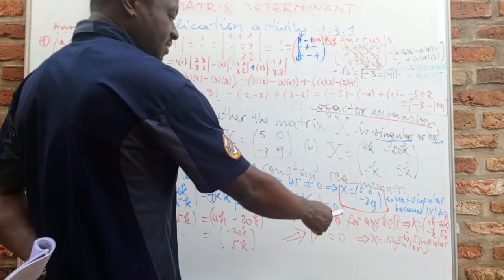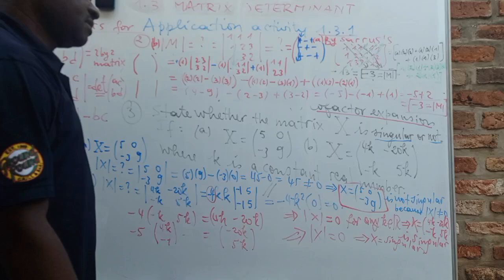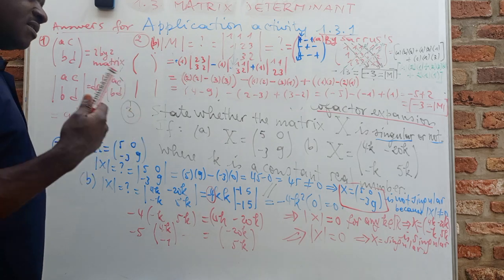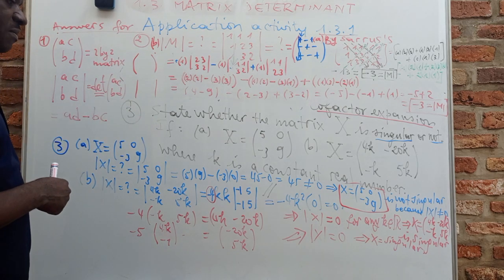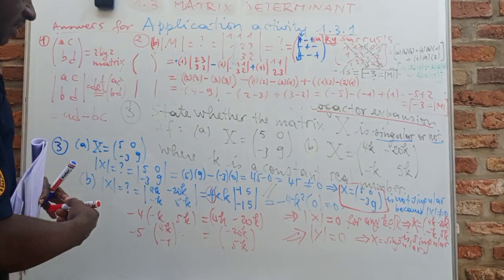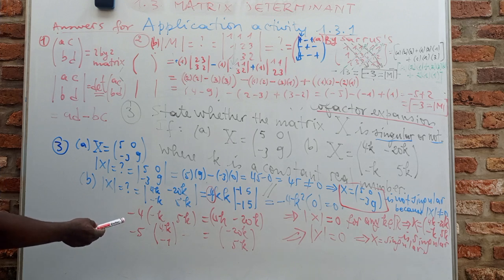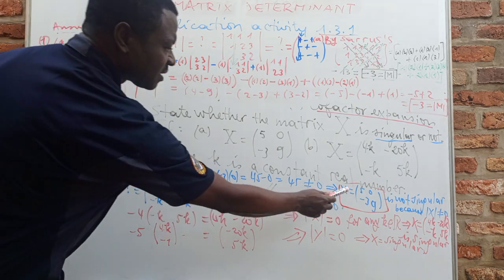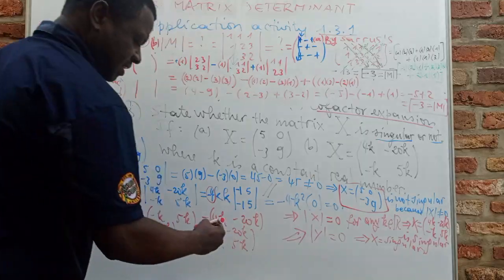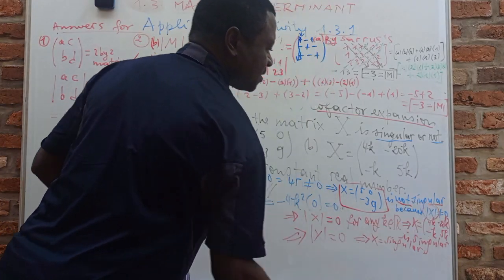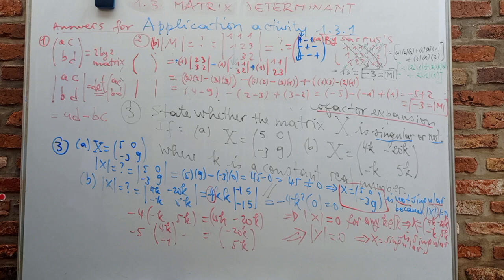Its determinant is 5 times 9, which is 45, which means that this matrix is not singular because its determinant is different from 0. So sub-question A: the answer is that this matrix is not singular because its determinant is 45, which is different from 0.